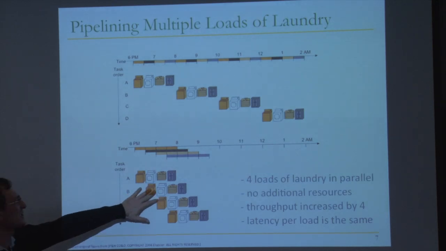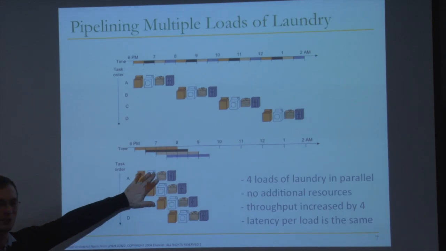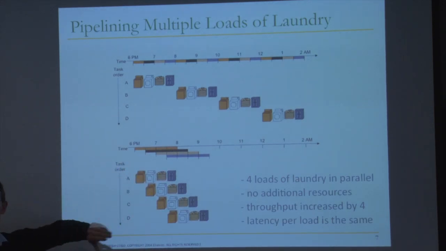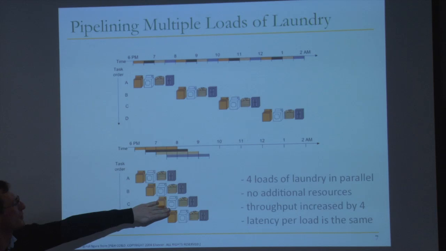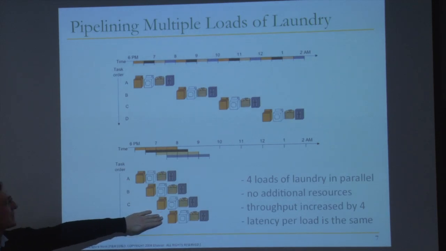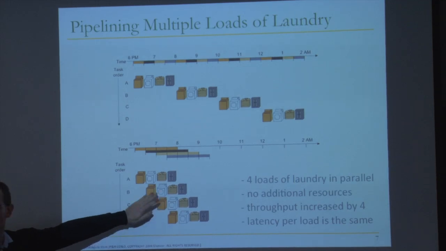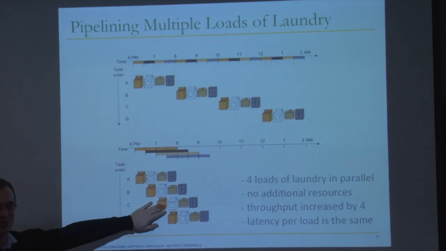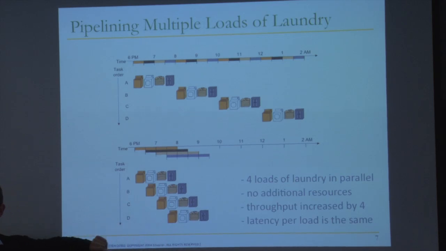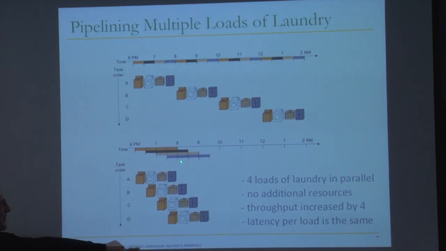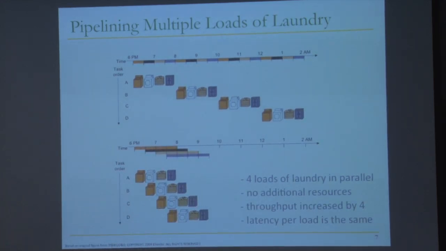And you don't need any additional resources in this case, because it's beautiful. Everything is independent of each other. Each load is independent. And throughput is increased by 4 in this case, right? And you're done by 9:30 p.m. And then you can play games or do your 447 assignment. Actually, you should be doing your 447 assignment while all of this is going on. It doesn't matter.